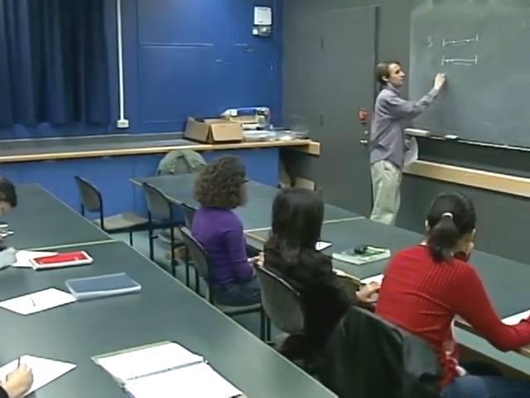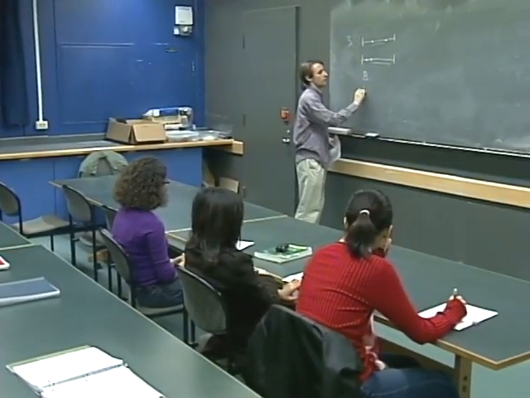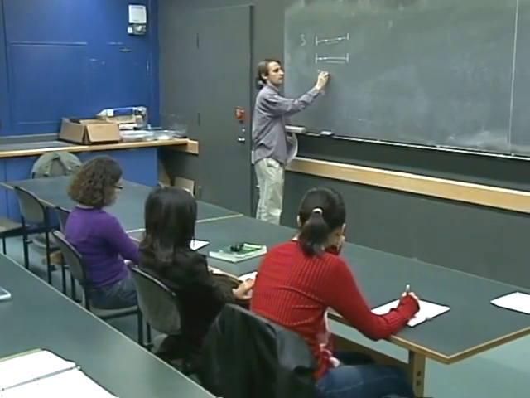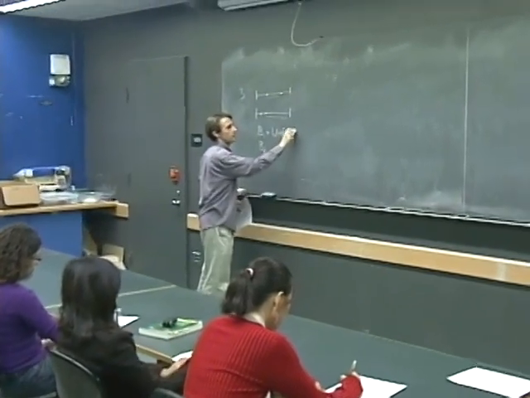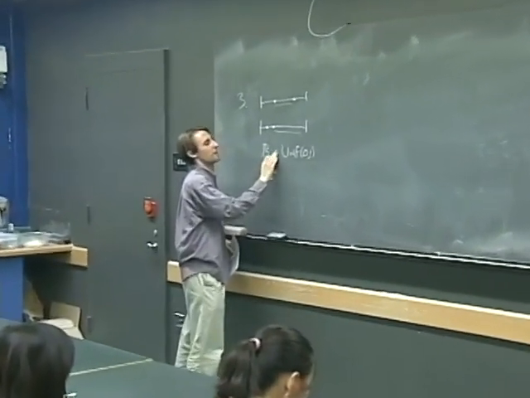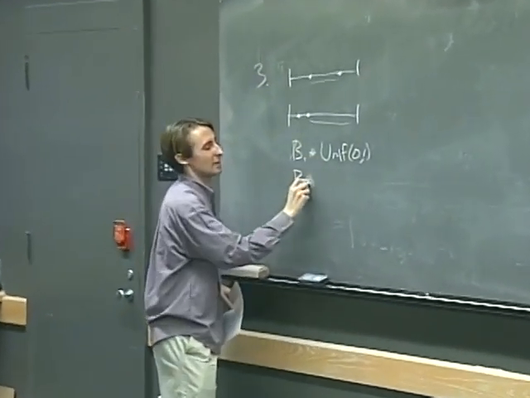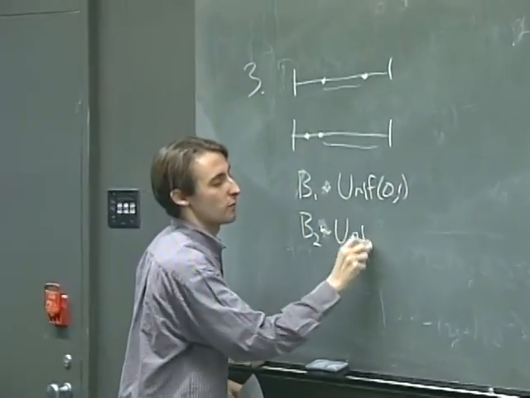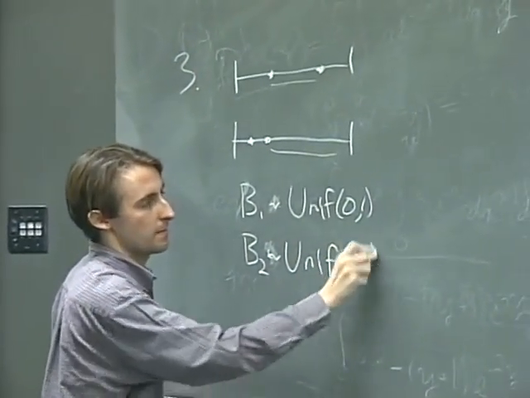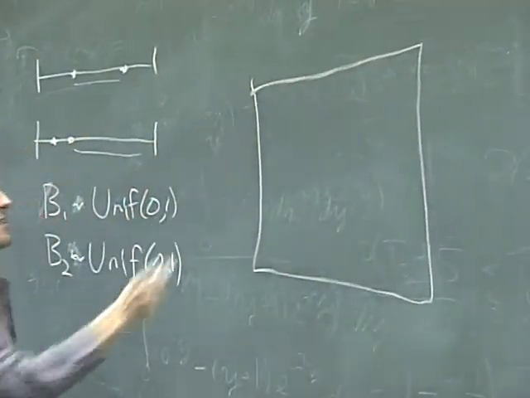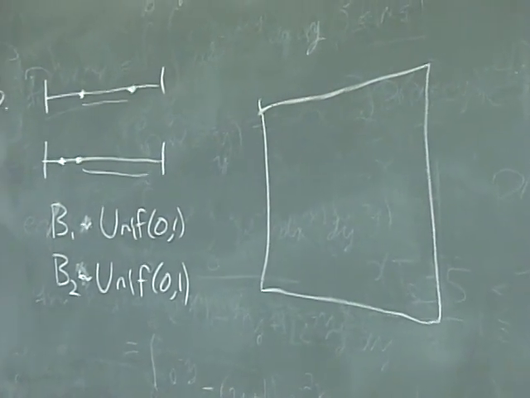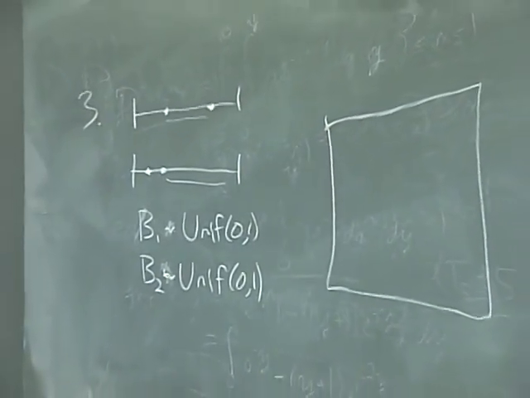Let's call the 2 breakpoints break 1 and break 2. Break 1 is uniform 0, 1. Break 2 is uniform 0, 1. Oh, actually, I'm messing up my own notation. And now we need a picture. So, any insights on how to draw this picture?